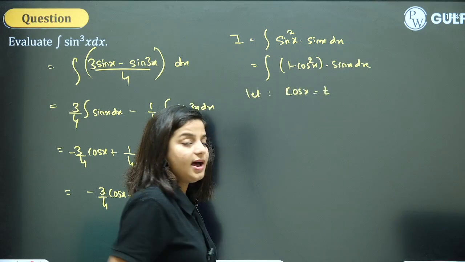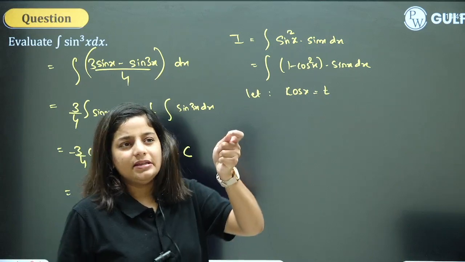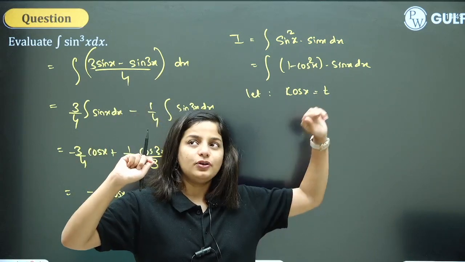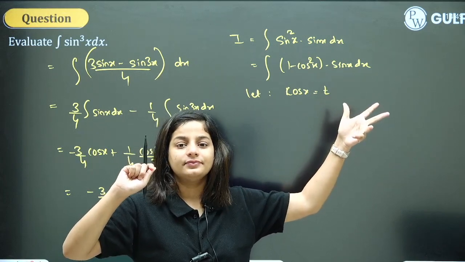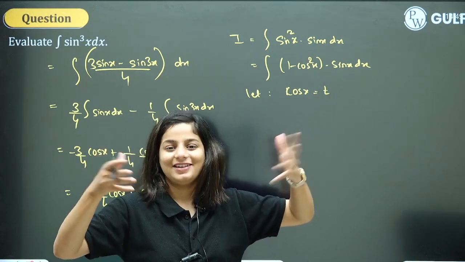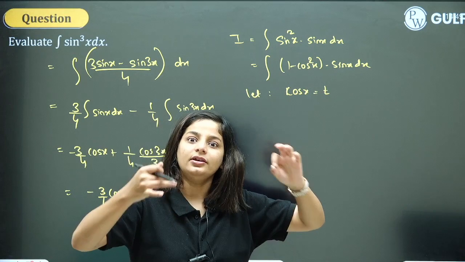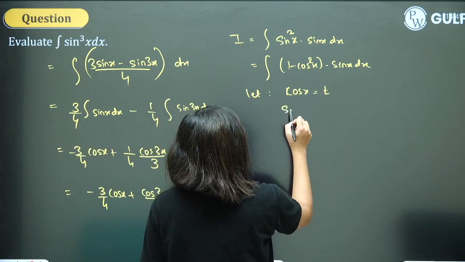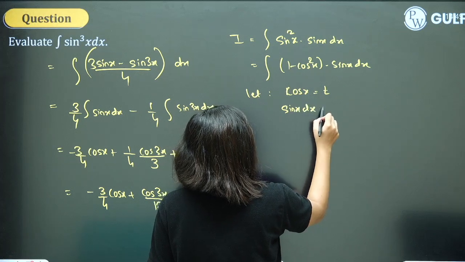Why LDSR? If you are able to see the function and its derivative, you can substitute. If you can see sine and cos, they are derivatives of each other, you can do the substitution. So if I take cos x equal to t, sin x dx will be minus dt.